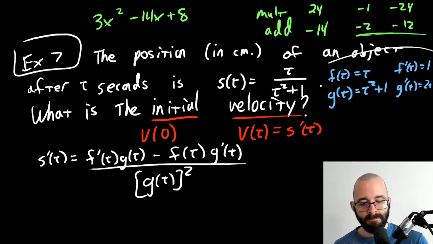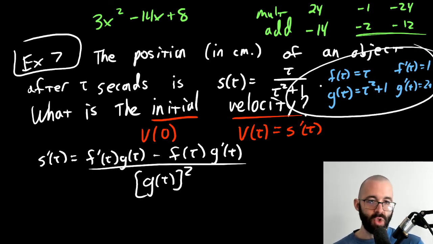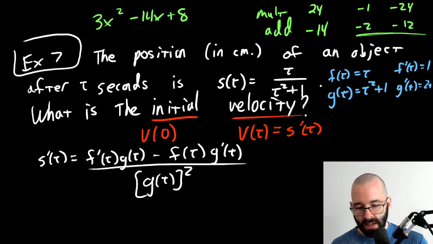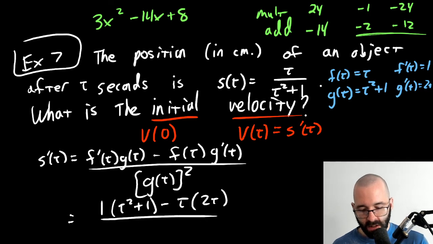Now we just plug in what f prime, g, and g prime all are. F prime is just 1 times g, which is t squared plus 1, minus f, which is t, times g prime, which is 2t, all over t squared plus 1 squared.